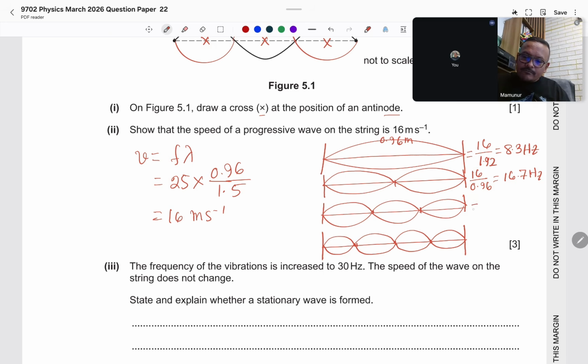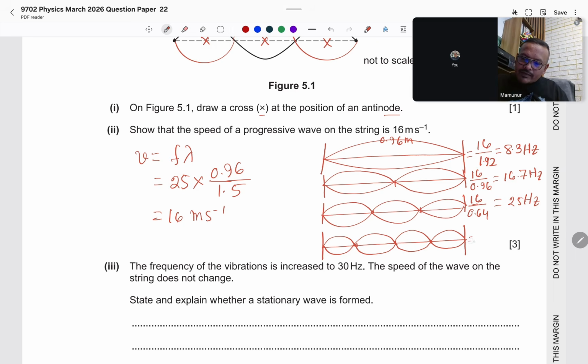The third one will be 16 divided by the wavelength for 1.5 waves: 0.96 divided by 1.5 is 0.64. 16 divided by 0.64 is 25 hertz.